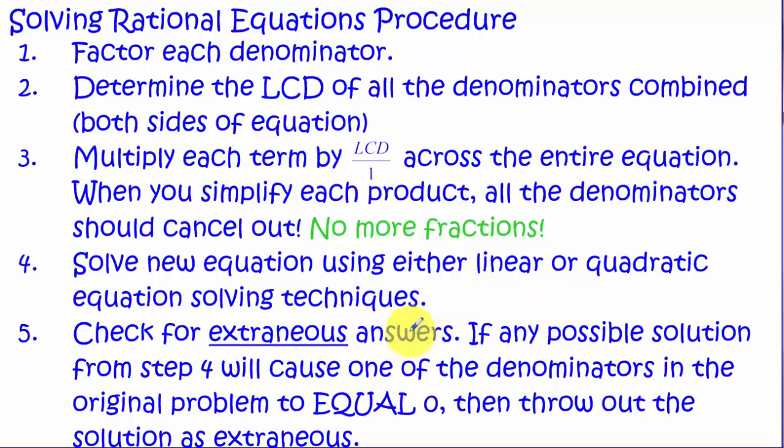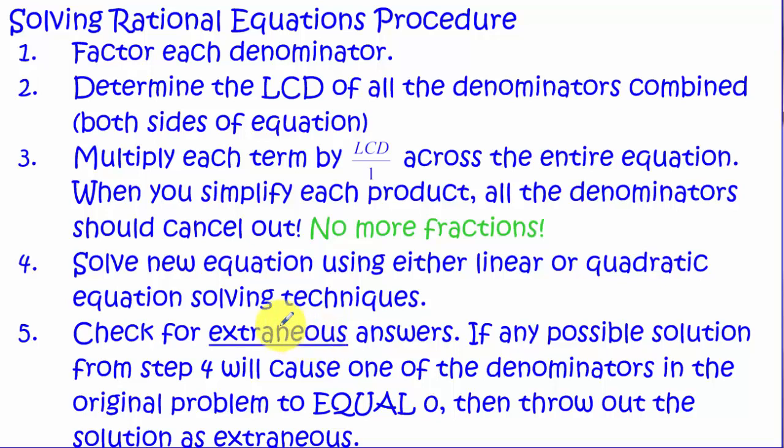Now, one possibility when we use this method is that we get something called an extraneous answer. So it's an answer to the equation where we canceled all the denominators. So it will answer that equation, but it won't be an answer to the original equation sometimes.